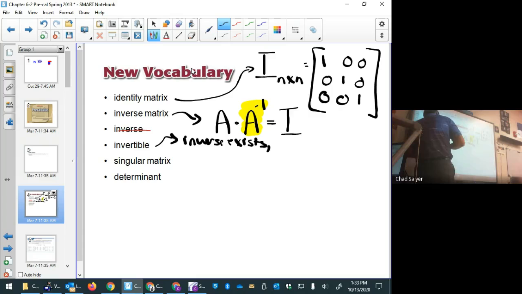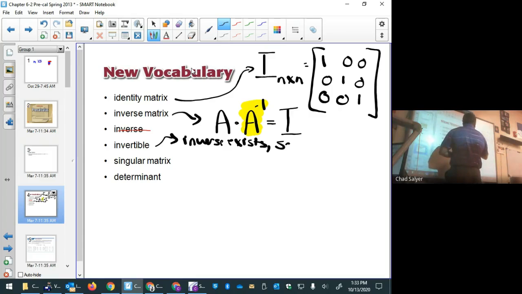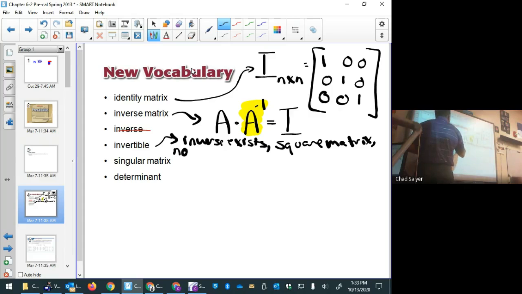And for the inverse to exist, this must be square and have a non-zero determinant. A singular matrix is one for which no inverse exists.